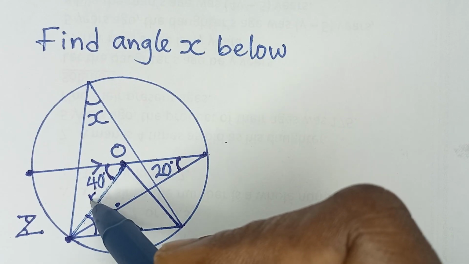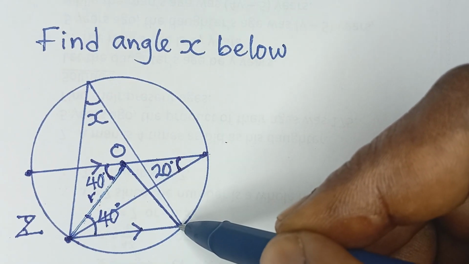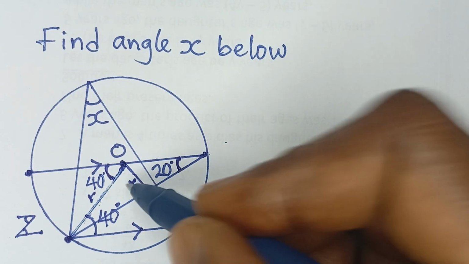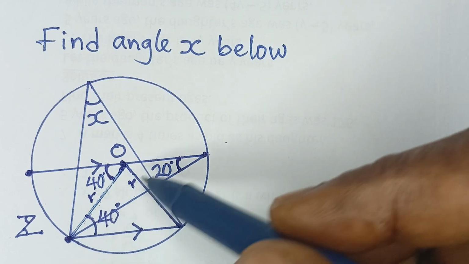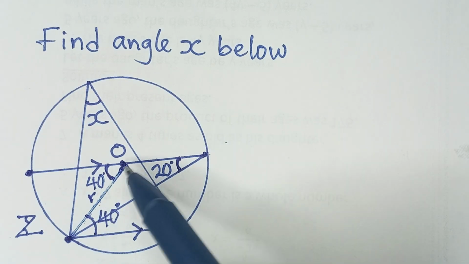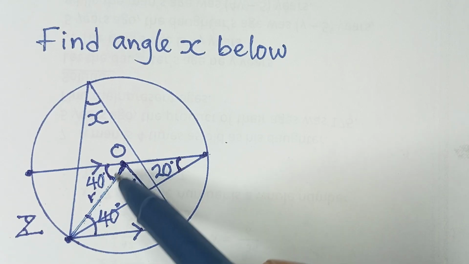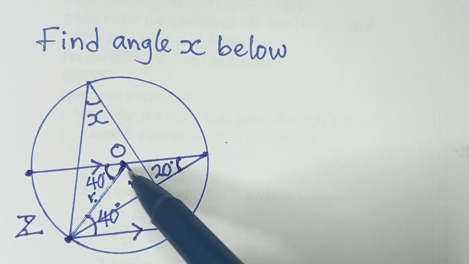So this line here is a radius, and similarly, this line here is also a radius. So this is a radius and this is a radius, so they are equal lines. And so that means this triangle here is an isosceles triangle, a triangle with two sides equal. Because this is side R and side R, these two sides are equal.